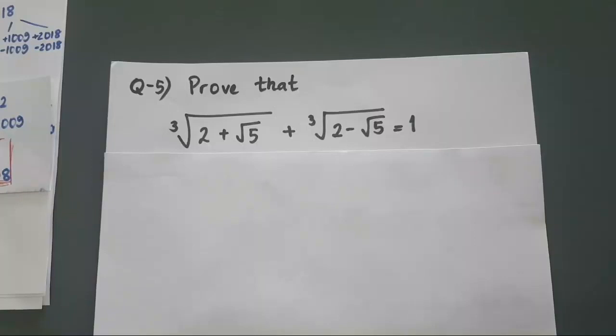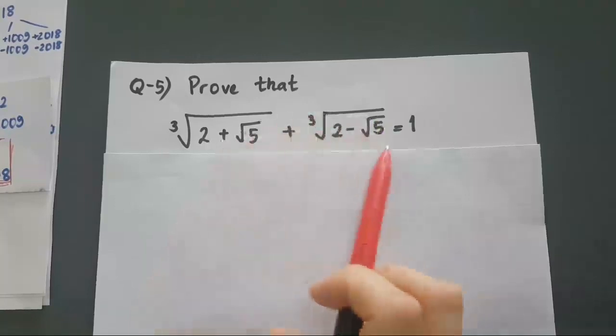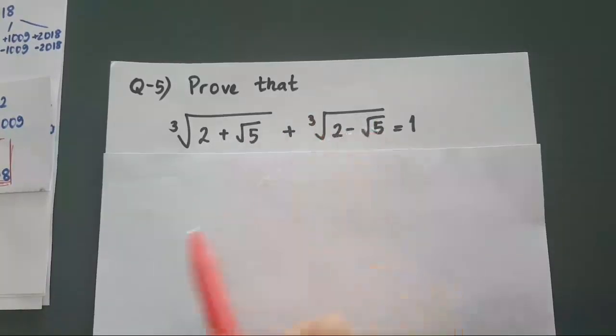Cube root of 2 plus root 5. When you check, the radicands are conjugates, right? 2 plus root 5, 2 minus root 5.